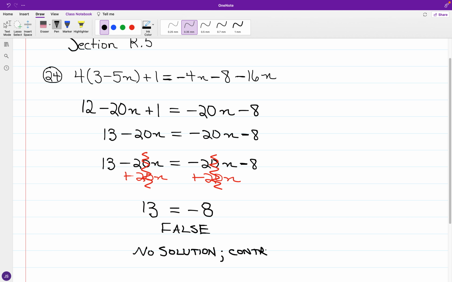And for what we have in the next part, we have number 26, and this time we're going back to the variable x.